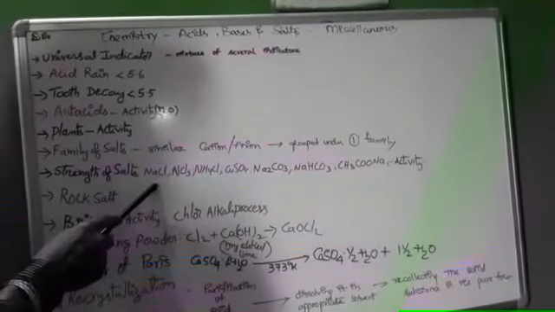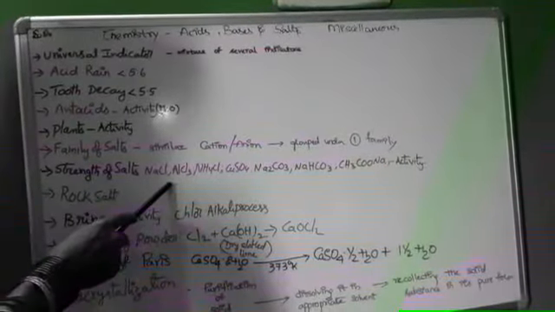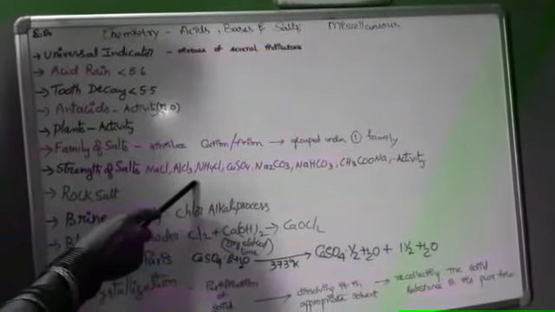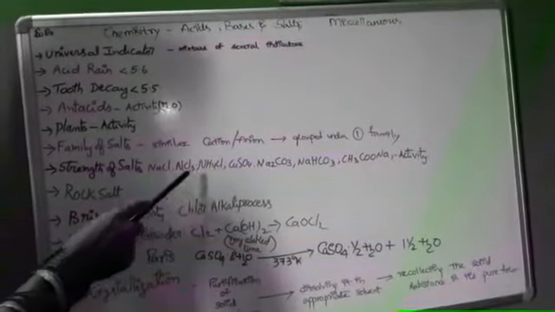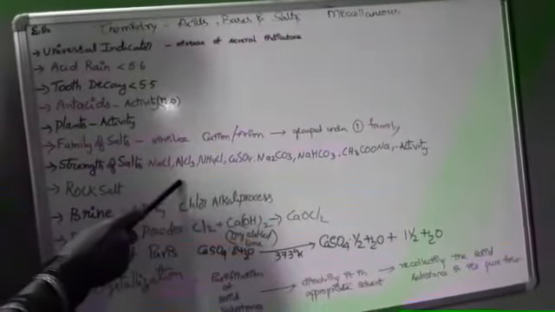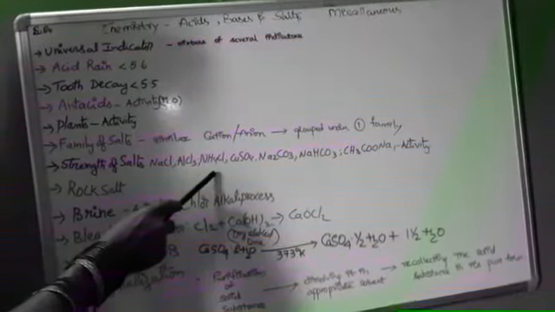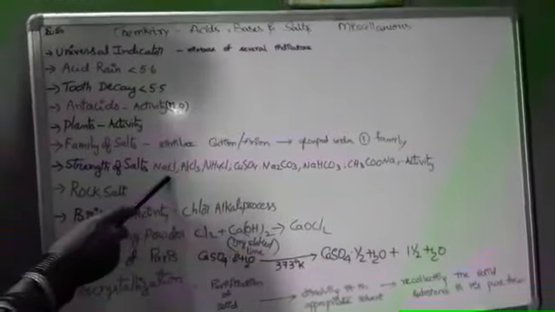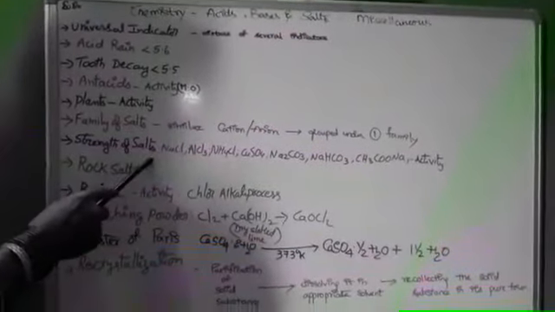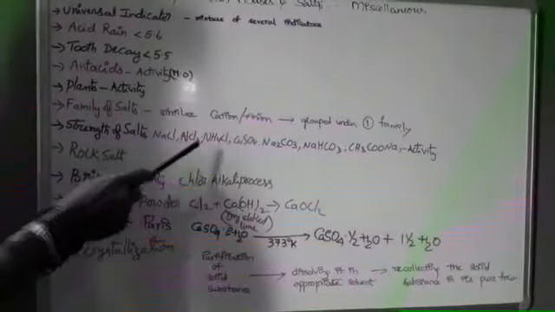If the combination is a weak acid and a strong base, the salt obtained is basic in nature. If we take a strong acid and a weak base, the product obtained is acidic in nature. Like that we can justify whether the given salt solution is acidic, basic or neutral.